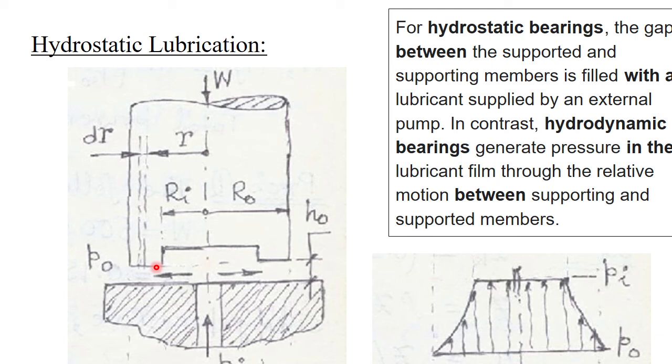The friction coefficient would be very high. And we have seen there are possibilities of using rolling contact bearings, but still if the load is very high, say for example a very heavy structure.